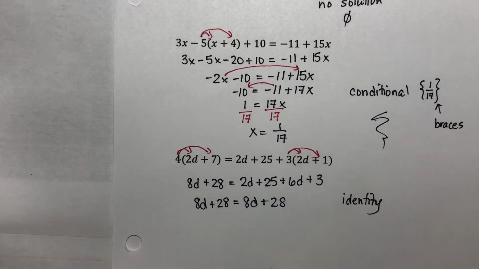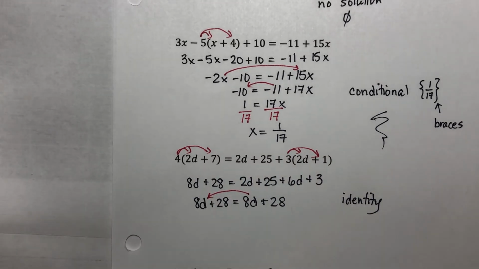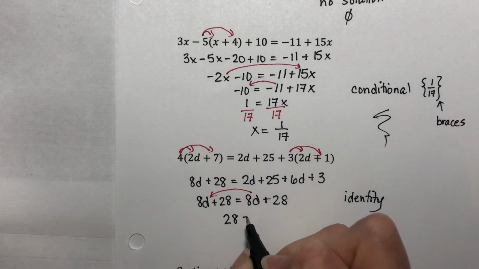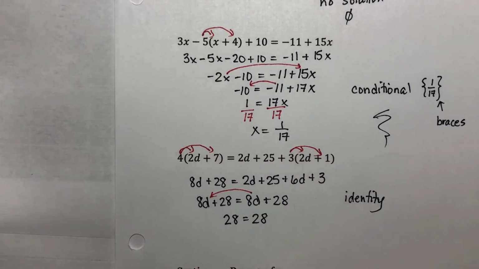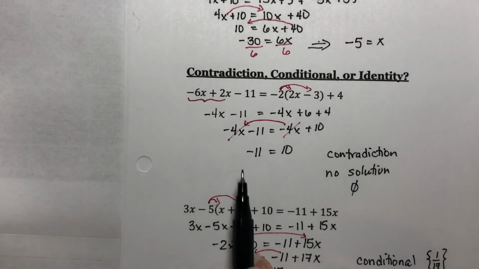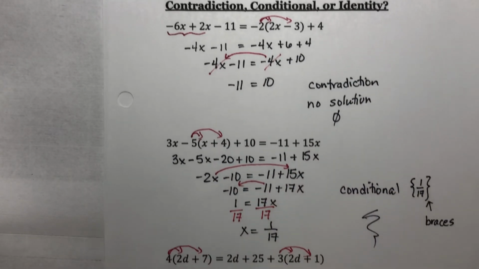Now, if you don't recognize it here, and you go to move the 8D over, subtracting 8D from both sides, then you end up with 28 is equal to 28. And you should definitely realize something weird is happening at this point. Your variable canceled out. Here, 28 does equal 28, so it's an identity. This did not equal, so it was a contradiction.